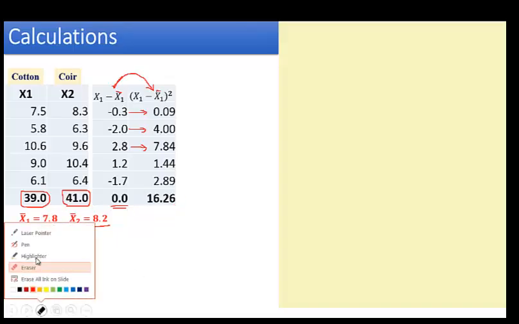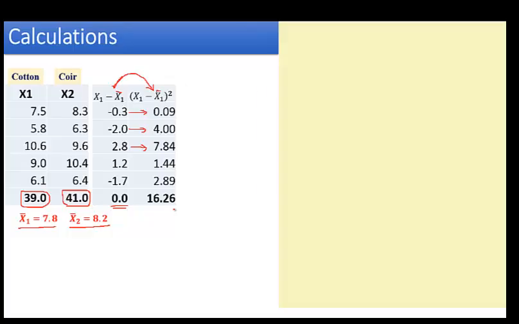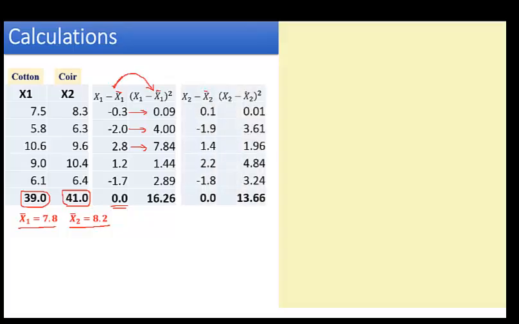Similarly, we will take the sum of squared deviations for the second sample, that is x2 minus x2 bar. We subtract the mean of the second sample, 8.2, from each value of x2, like this value 0.1, produced by subtracting the second sample mean from the first value, 8.3.